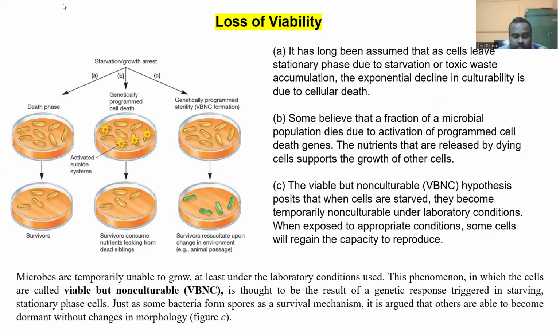That is depicted in the figure on the left side. It has long been assumed that as cells leave stationary phase due to starvation or toxic waste accumulation, the exponential decline in culturability is due to cellular death. The culturability will be decreased.